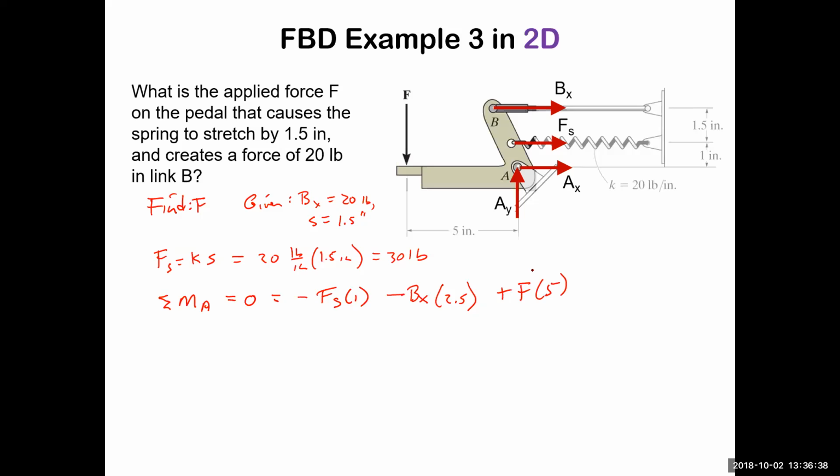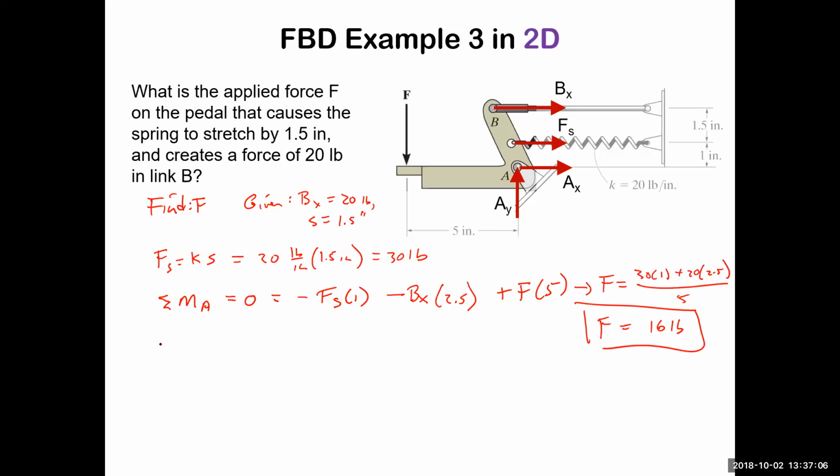Yeah. So you can now solve for F. So this tells you that F is going to equal 30 times 1 plus 20 times 2.5 divided by 5, or F equals 16 pounds. So we're done at this point.